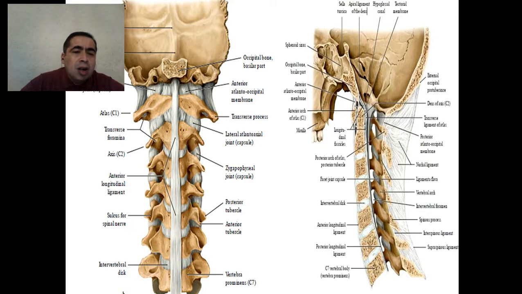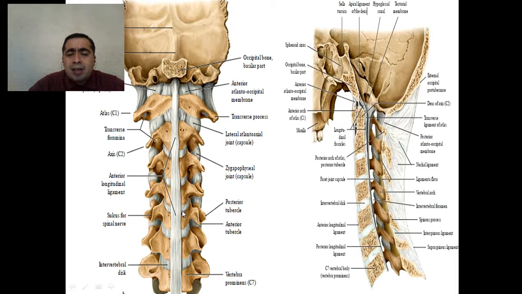The other is the internal carotid artery, which isn't protected in the cervical region. It is located more or less superficially, but the vertebral artery is located within the canal. This canal is formed by the junction of all the foramina of the cervical vertebrae, and between the cervical vertebrae, between their bodies, you are looking at the discs.